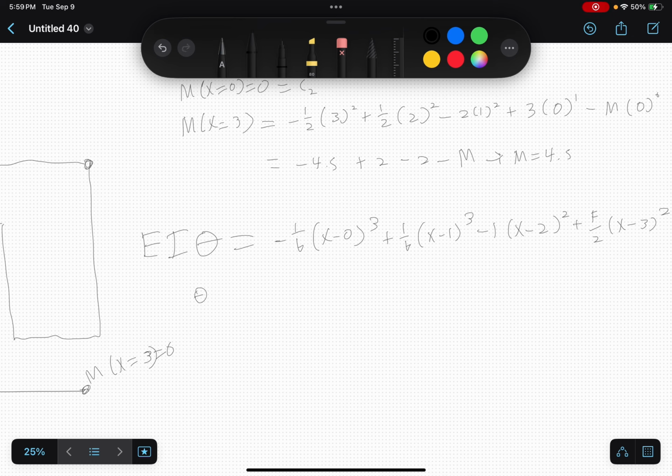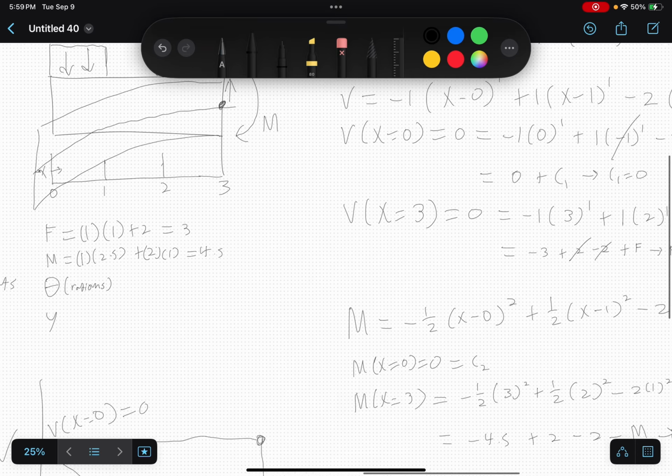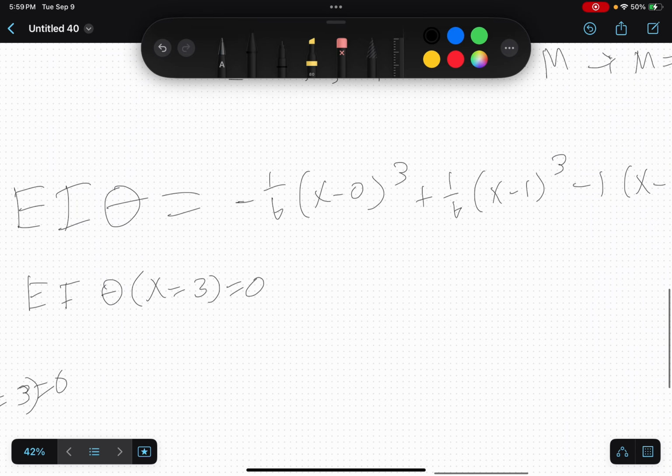Okay, so theta, EI theta at x equals 3 equals 0, because on the right-hand side, there is no angle.